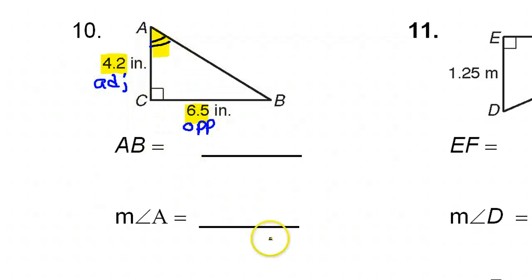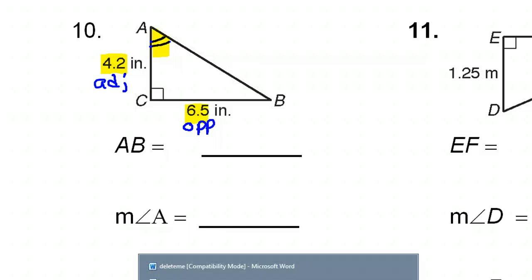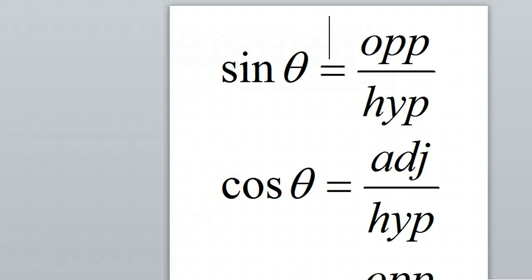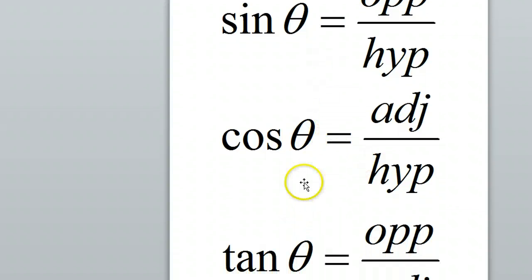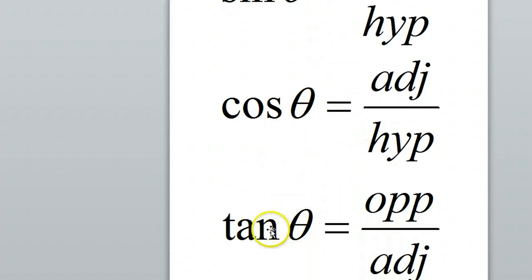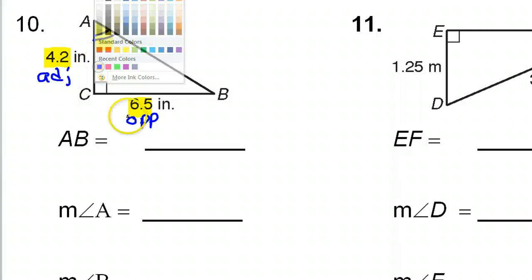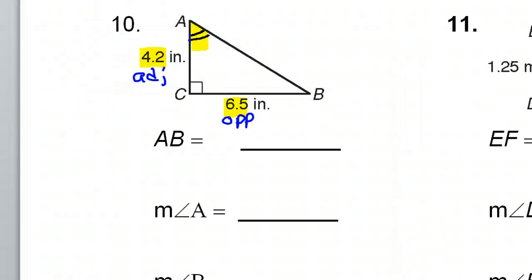So which trig function is that? Adjacent and opposite is the tangent function. Tangent of an angle is opposite over adjacent. So that lets us know that we're going to use the tangent function.